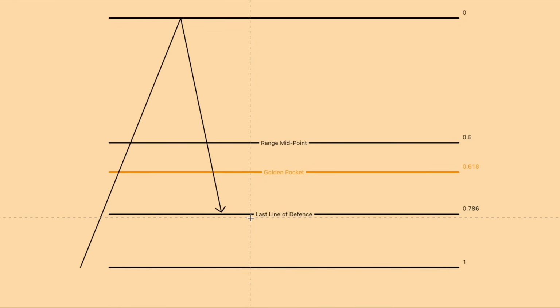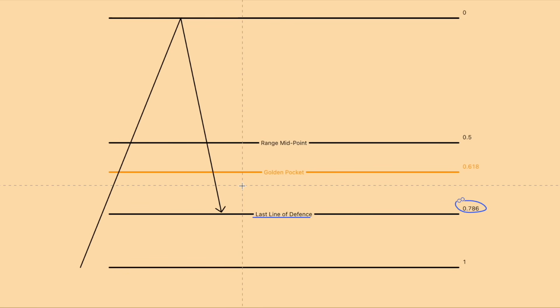And finally, the last line of defense, the 0.786. If the 0.786 holds, it's usually a trap for late bears in an uptrend or a trap for late bulls in a downtrend. But if price closes below it, the trend's likely over.